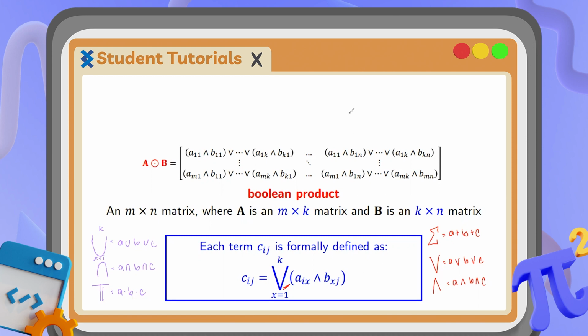But to put it short, it's basically getting the OR of all terms by applying the meet of a matrix and then applying the join for every term. So for example, you're taking a sub 1,1 and b sub 1,1, and then taking the disjunction until you reach the value k, and so on and so forth.